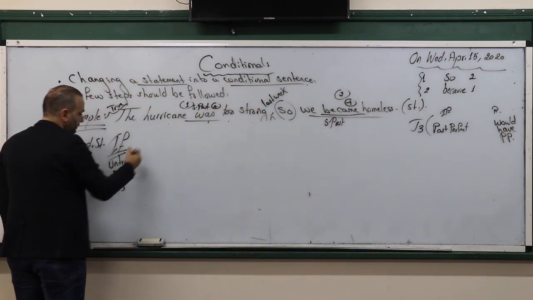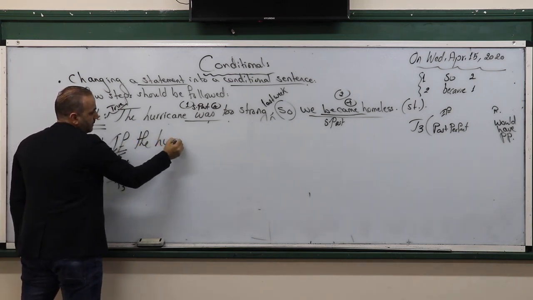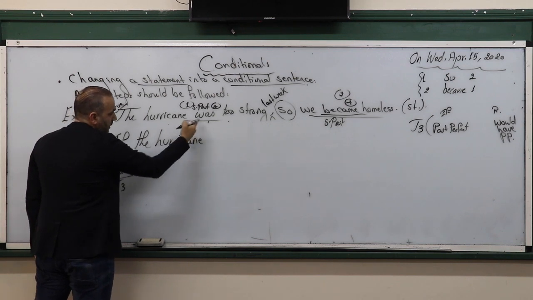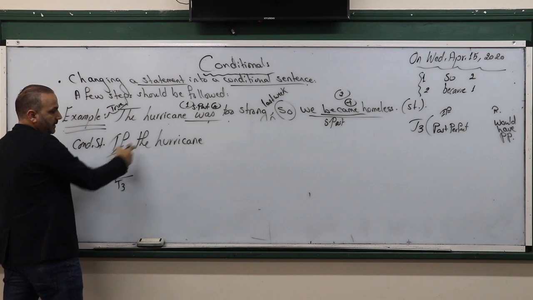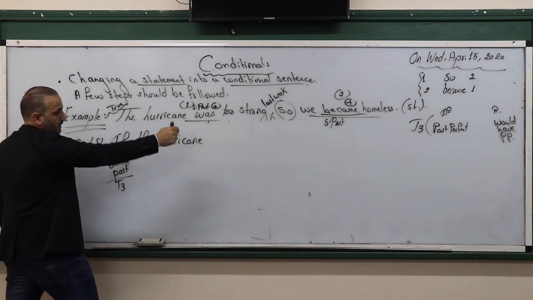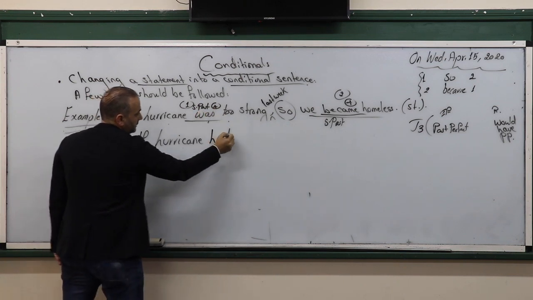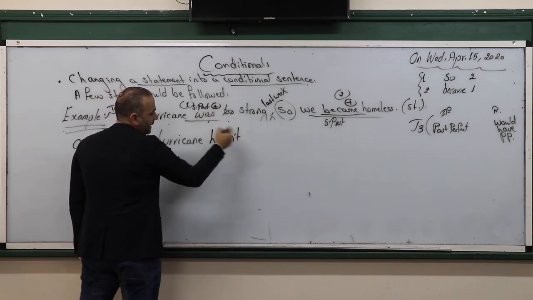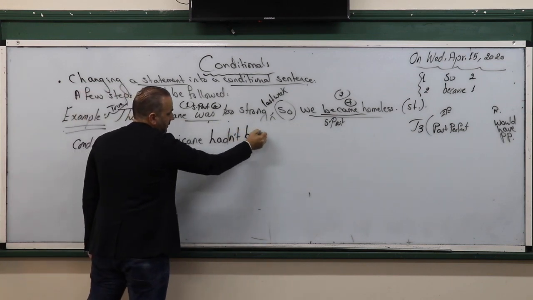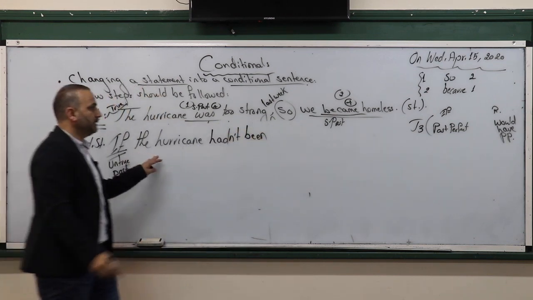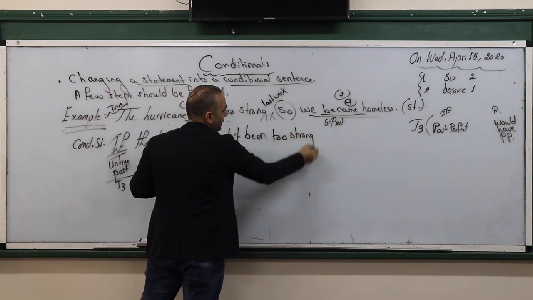So let's move. If the hurricane was untrue past, past perfect. Okay? So, if the hurricane had, positive, negative. Okay? Hadn't, the past participle of was, been. Okay? If the hurricane hadn't been too strong, you can play a game here.